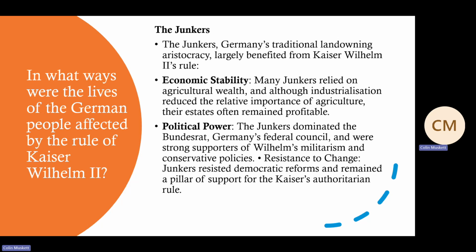And they were, of course, very conservative and strong supporters of Wilhelm's policies. They were also supporting the Kaiser in his resistance to many of the changes that were being tabled by the more progressive groups in the Reichstag. So they were very reactionary, very resistant to social progress, as it were.